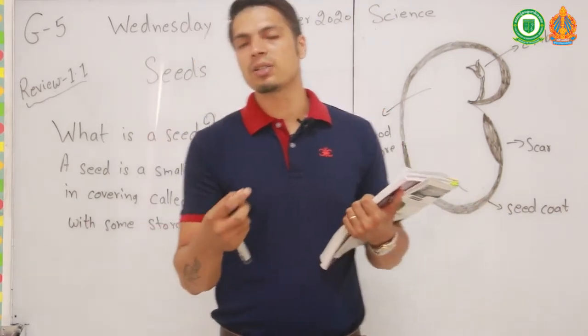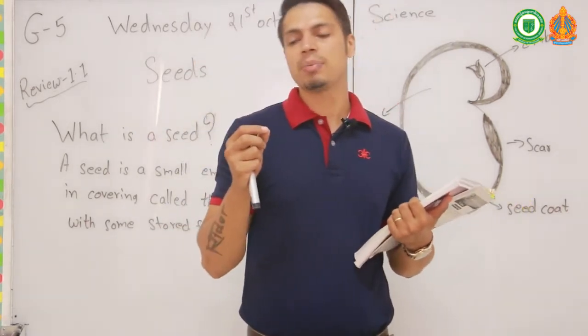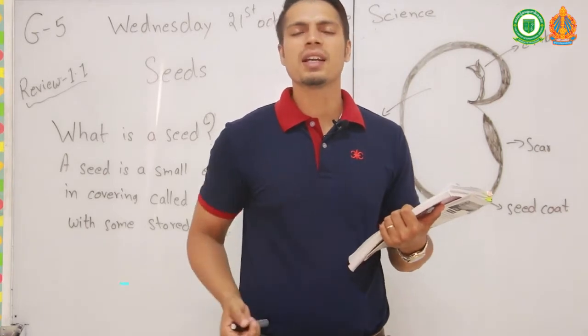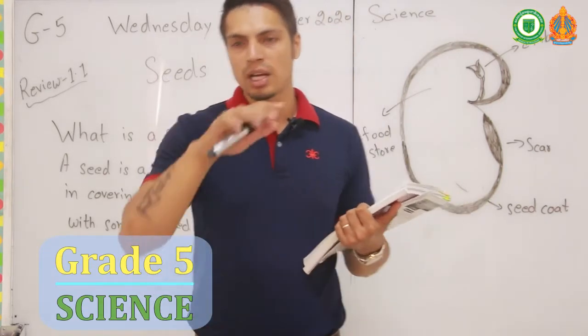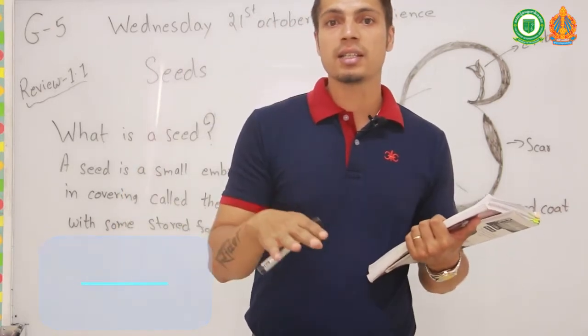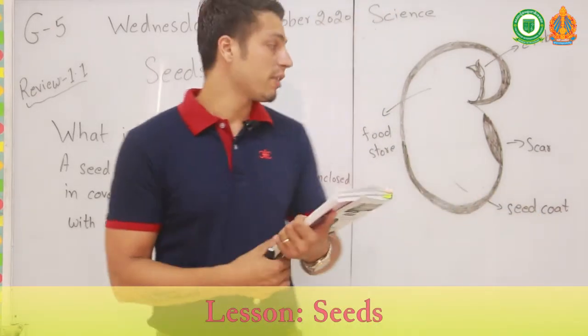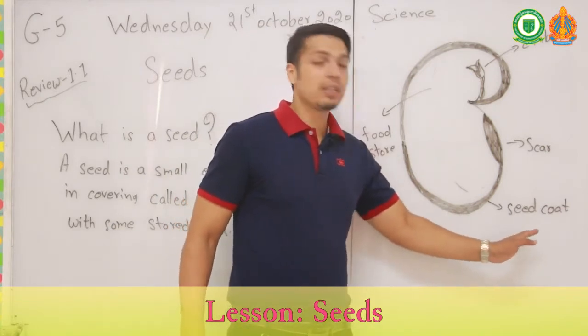Same with the apple seed. If you bite an apple seed, you will see it's a different color inside, because the outer color is because of the covering, which means the seed coat.